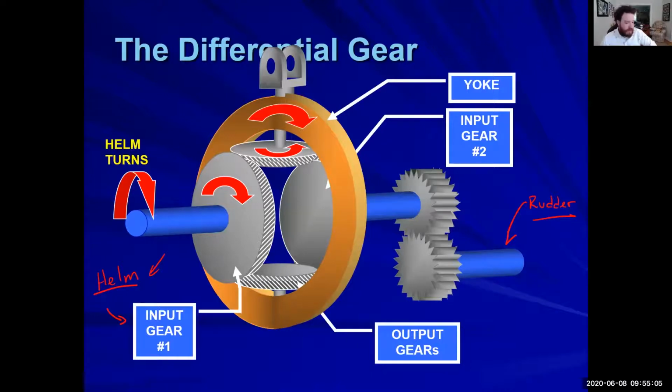We'll meet back up at 10:15. Why do we need two inputs going into one output, and why is one of them our rudder? Shouldn't we only care about what our helm is? See you guys at 10:15.